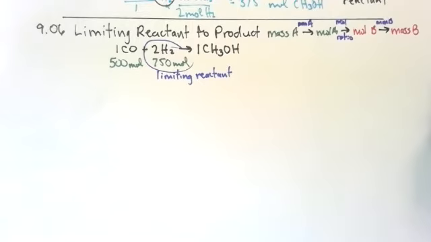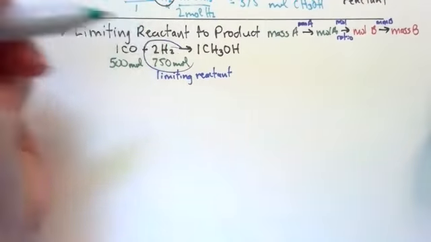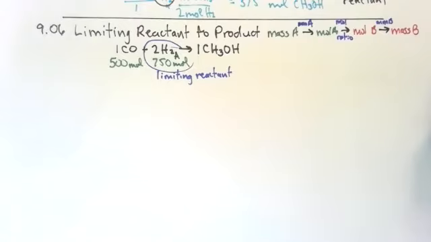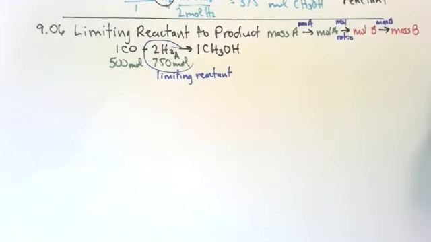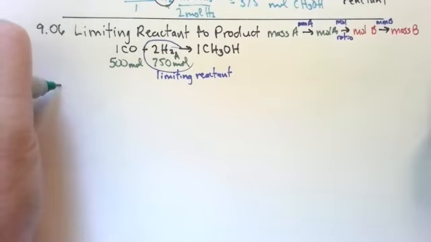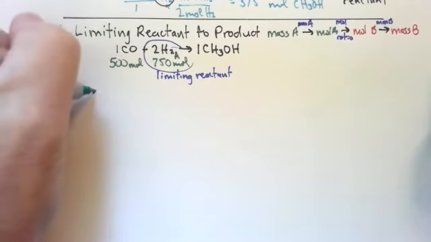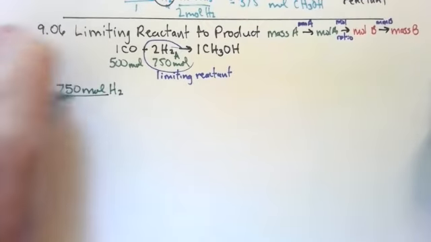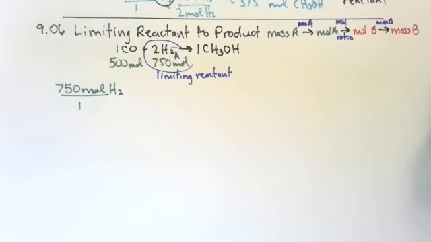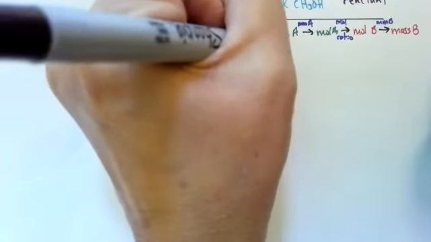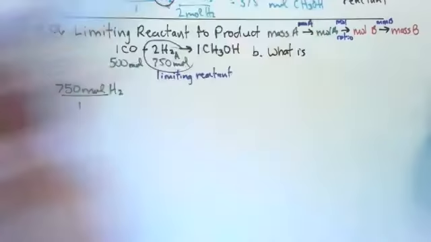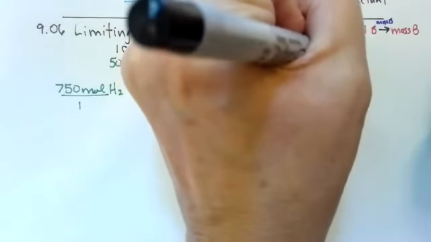So this becomes my starting compound, because that's my limiting reactant. The limiting reactant controls everything that happens or doesn't happen. So when I do these calculations, I want to start off with my limiting reactant, and I have 750 moles of hydrogen. The question that we're answering, like part B, is: what is the mass of the product that can be formed?